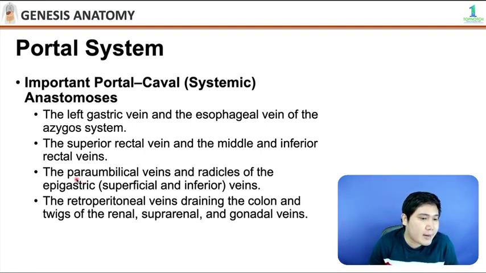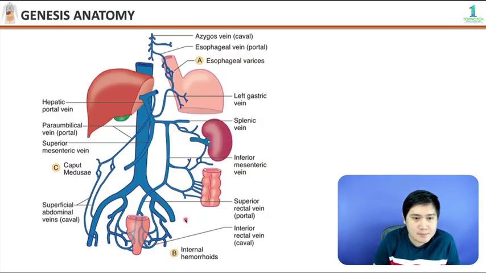In cases of portal hypertension, there is the anastomosis between the paraumbilical veins and epigastric veins. So you will see caput medusa there. There is also an anastomosis between retroperitoneal veins draining the colon, and renal, suprarenal, and gonadal veins.